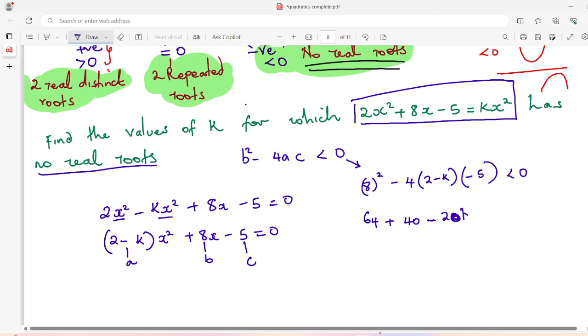is less than, take everything to the other side, we shall have 104.